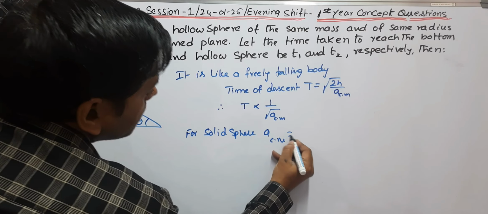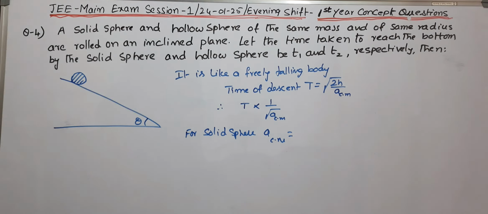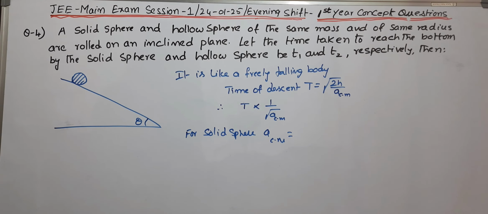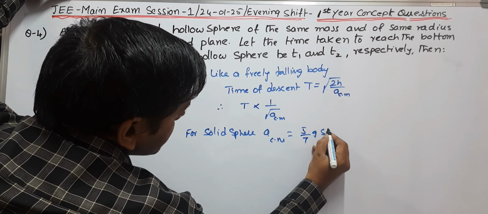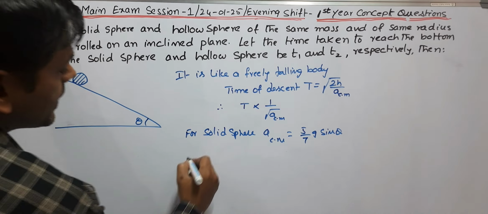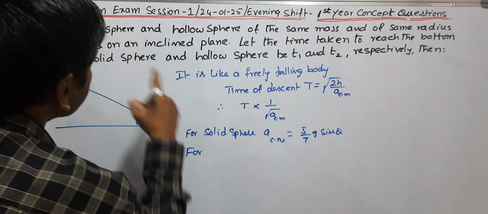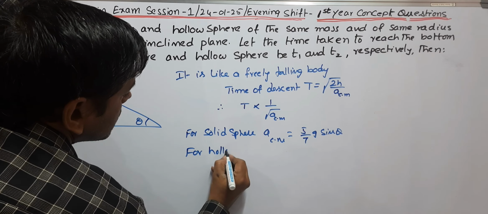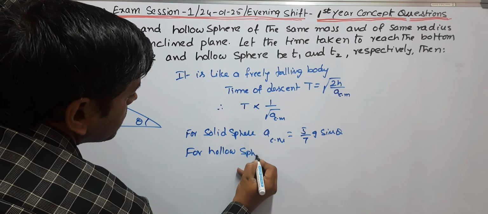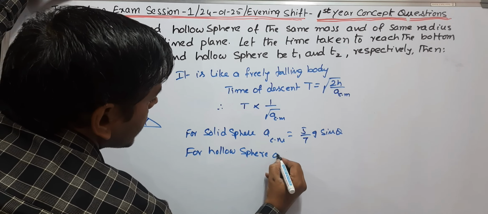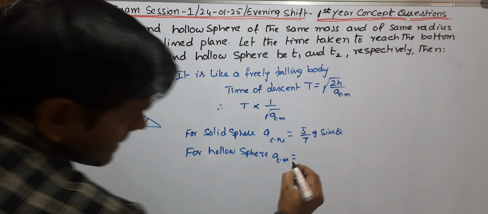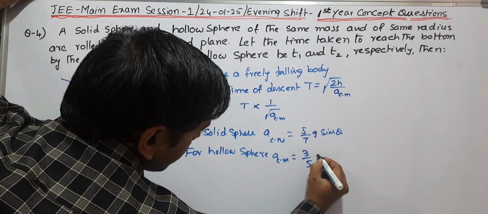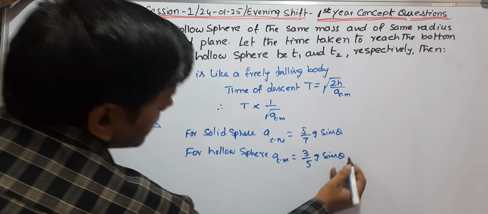Acceleration of center of mass, what is that? It is nothing but 5 by 7 g sin theta. Similarly, for the hollow sphere, the acceleration of center of mass is nothing but 3 by 5 g sin theta.